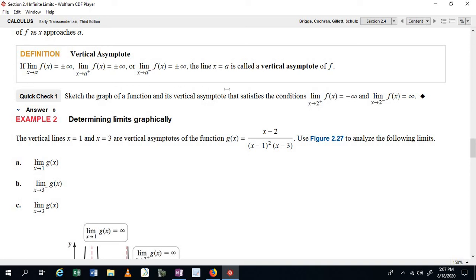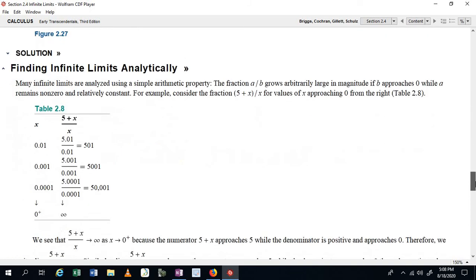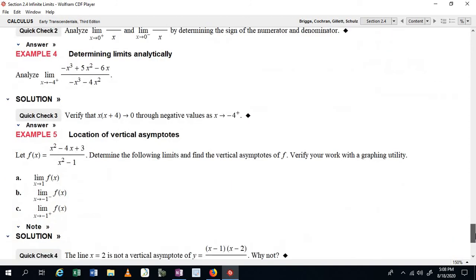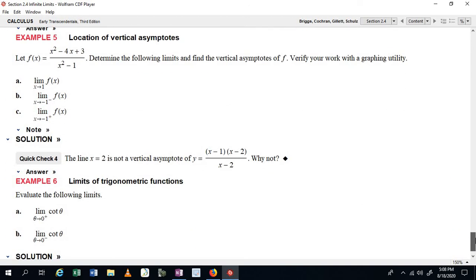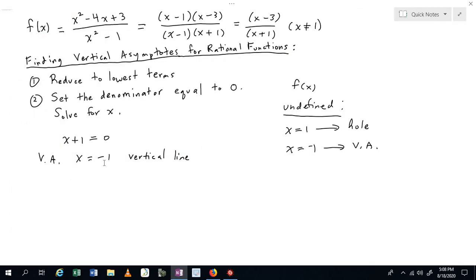Okay, so one of those has to be true to have a vertical asymptote at x equals a. So let's go back down to this example we're working on. And I need to remind myself again, we found the vertical asymptote to be at -1, okay?